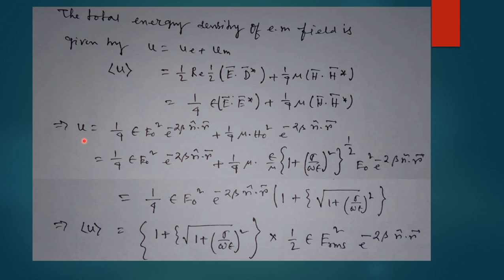That is U is equal to 1/4 epsilon E0 square e to the power minus 2 beta n dot r, plus 1/4 mu H0 square e to the power minus 2 beta n dot r.